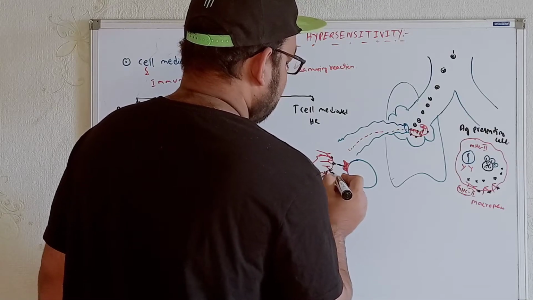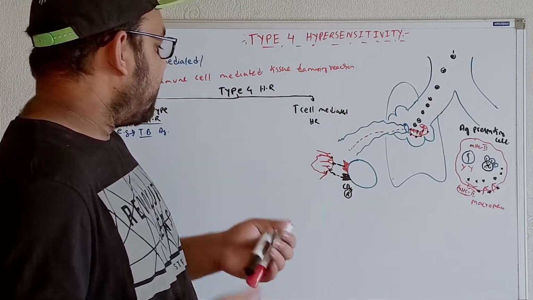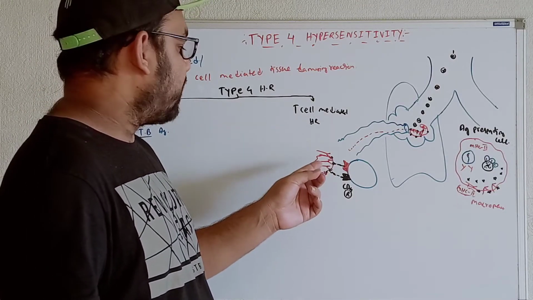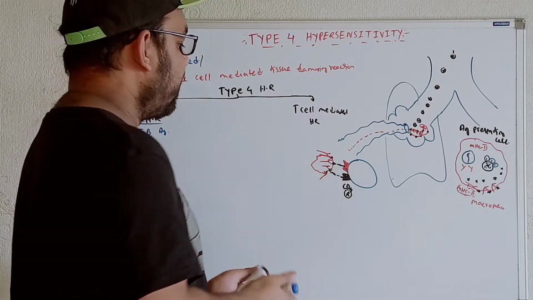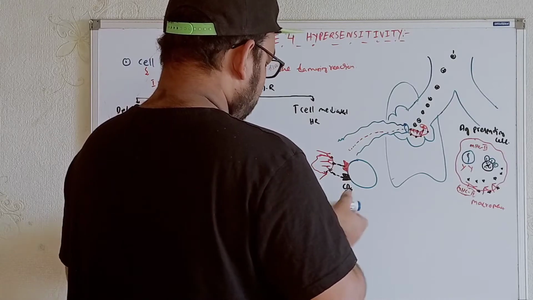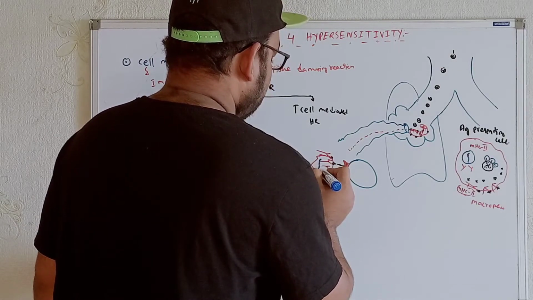Whenever these things are attached together, we get different kinds of co-stimulators that will stimulate the T cells, right? Now see what type of co-stimulation we get from the macrophage.